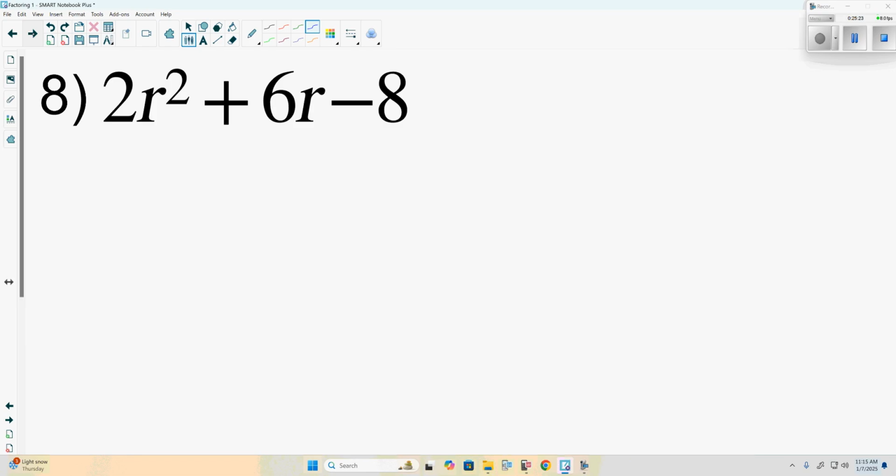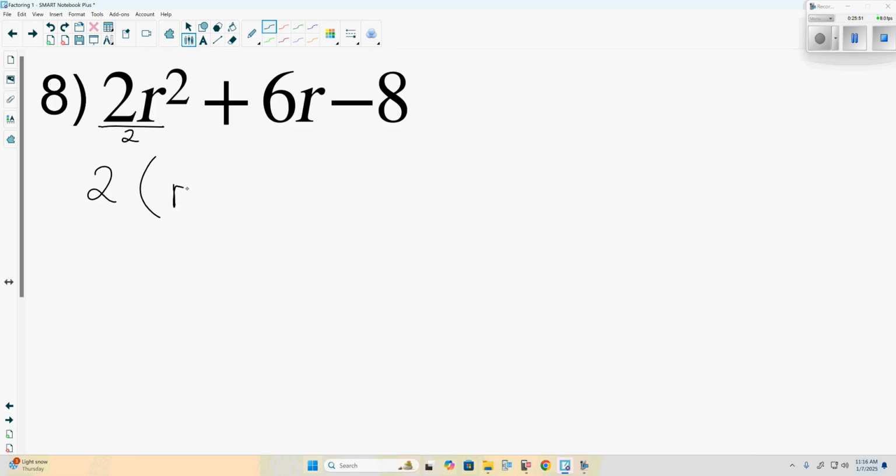2, because 2 goes into 2r squared, 6r, and 8. Since there is a greatest common factor of 2, we're going to factor it out. Now, 2 is not going to make a huge difference, but it will make some of the factors a little bit nicer. Because if we factor 2 out of 2r squared, essentially what we're doing is dividing it by 2.